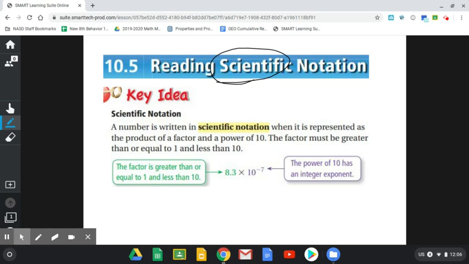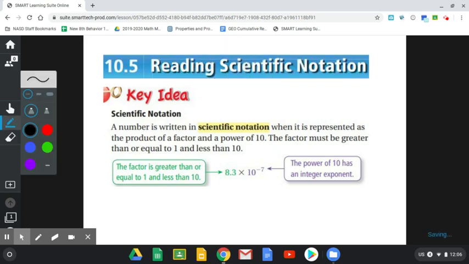Or maybe you're a biologist and you're talking about how small or how thin a cell wall is. That's going to be a really, really small number. So it's easier for them to use it in scientific notation than to use the actual number with the decimal point and all those zeros. All right, so that's the why as to why these numbers exist.